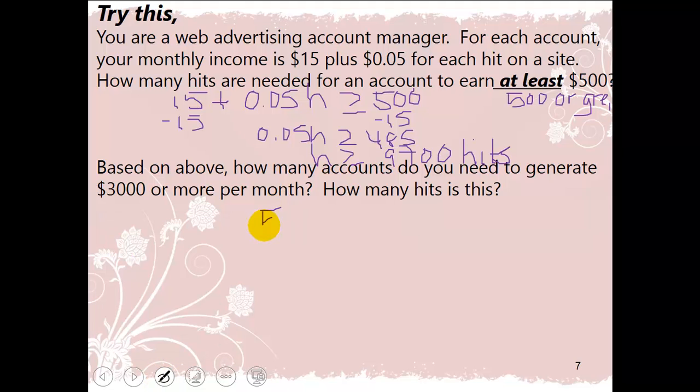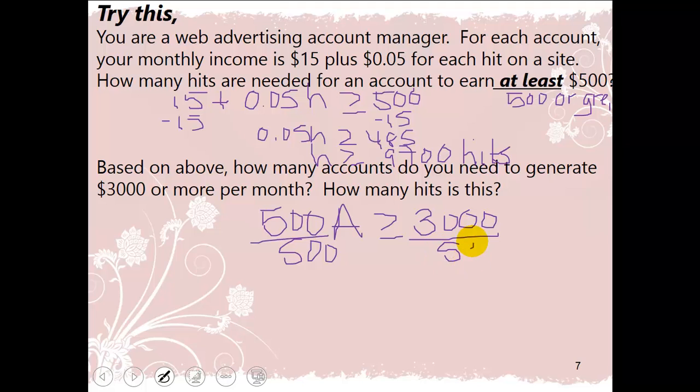So 500, if I target 500 per account, okay, I want $3,000 or more. I want it to be greater than or equal to $3,000. So the number of accounts needs to be at least 6 accounts.